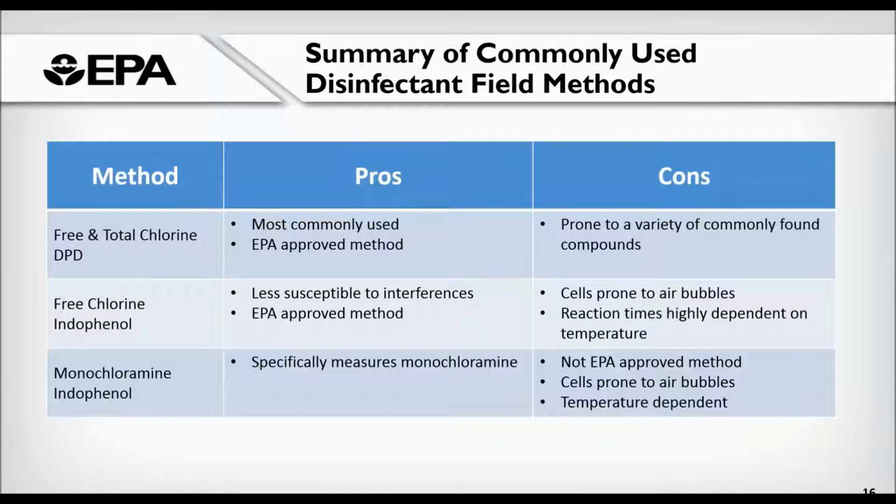It's also EPA approved, but it still has some issues, and it hasn't been as widely used at this point as the DPD reagent. The monochloramine endophenol method, the good thing about it is it specifically measures monochloramine residual. However, it's not an EPA approved method, and it's prone to some issues with temperature and also air bubbles that form in the cells.